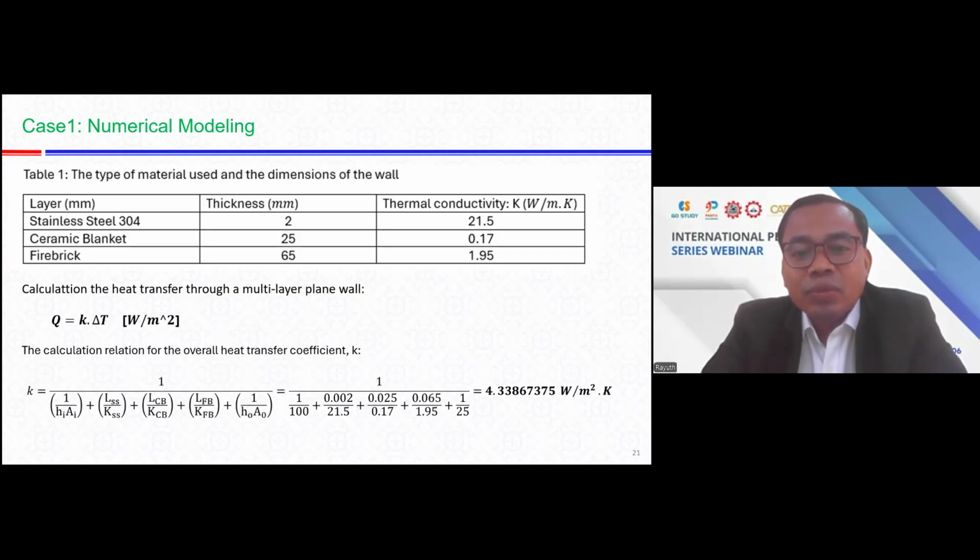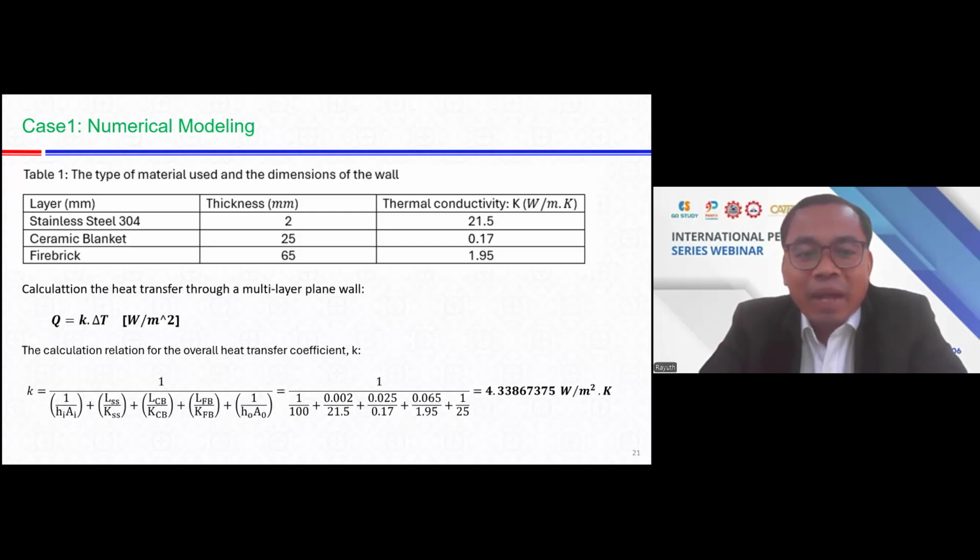H1 I choose 100 and H0 I choose 25. For each layer, as on the table, the thickness is 2 millimeters, so I convert to meters: 2 multiplied by 10 to the minus 3, so 0.02.